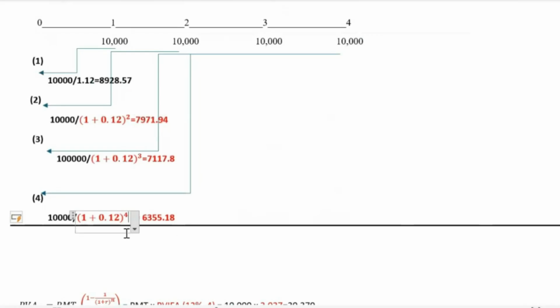So if I add them together, it is 30,373.49. Let's double check.